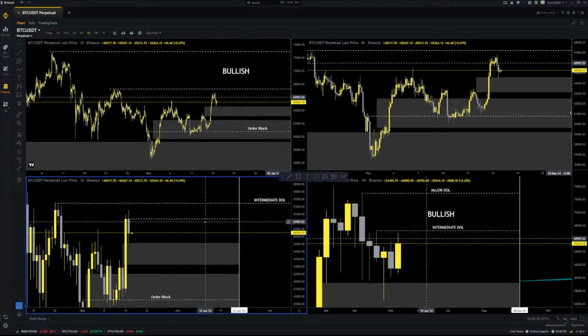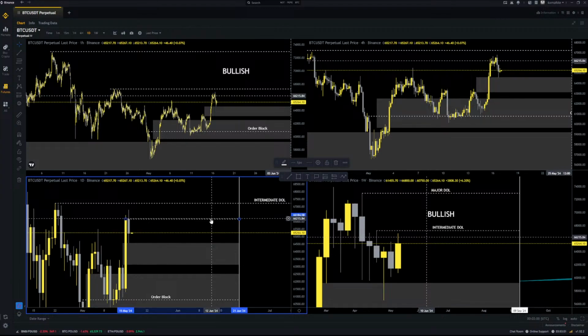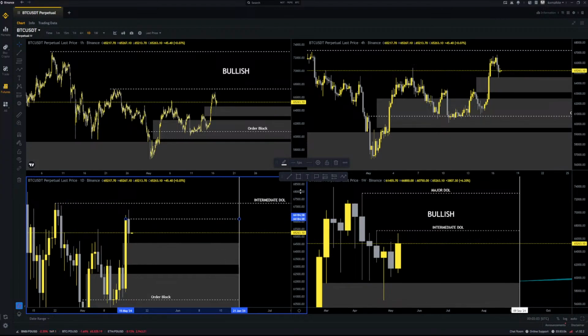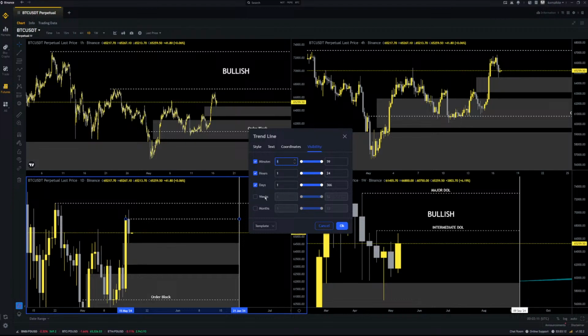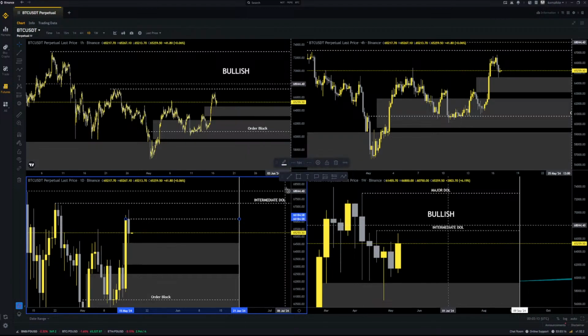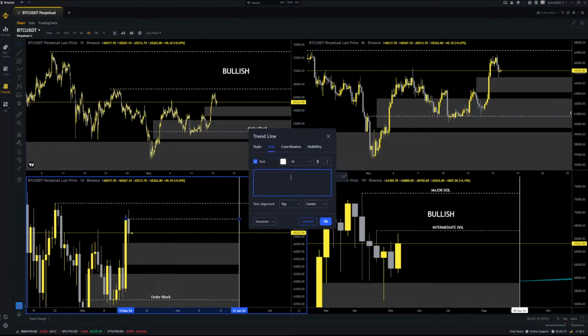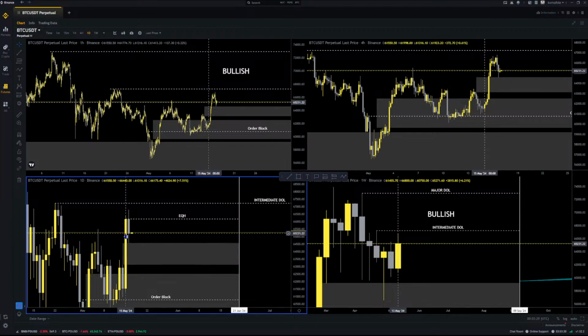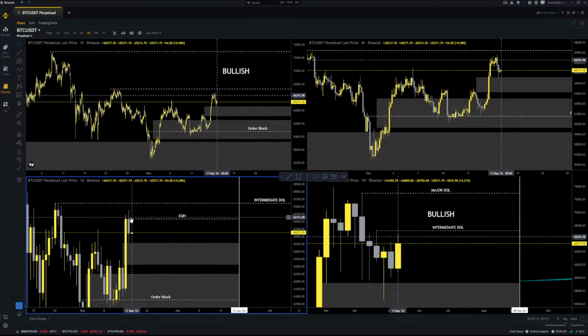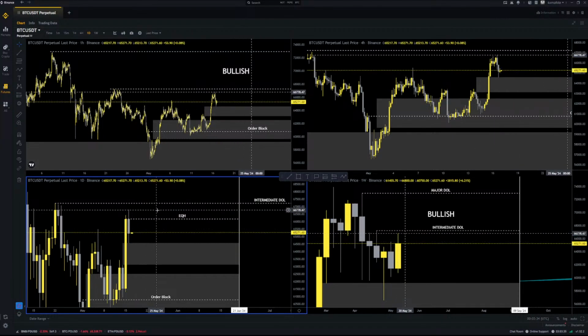This is kind of equal highs liquidity. So price might choose either to get into these equal highs or draw fast here and then push higher.